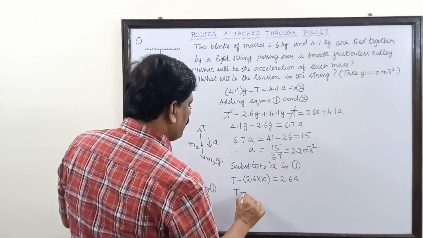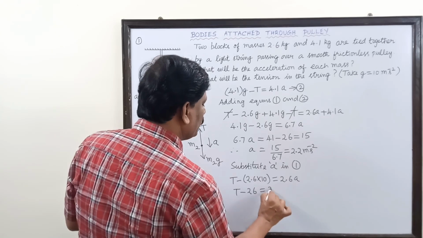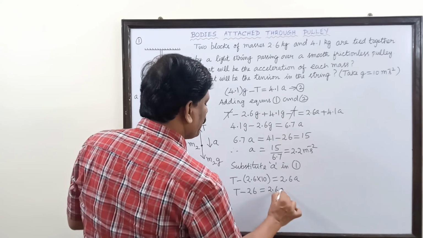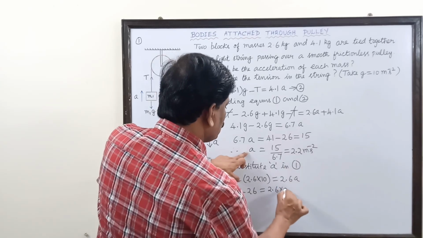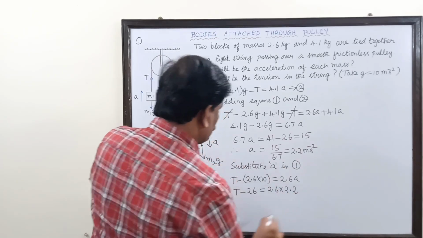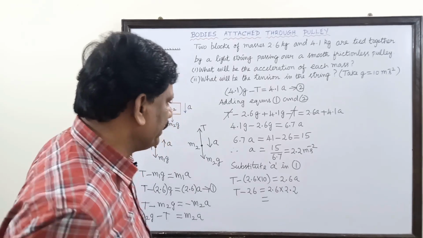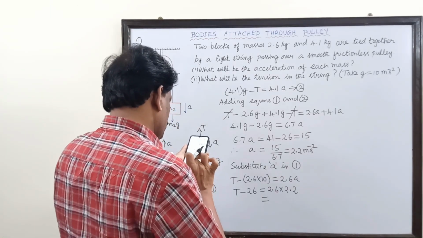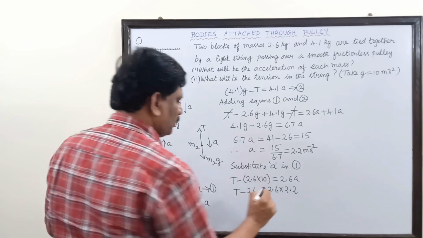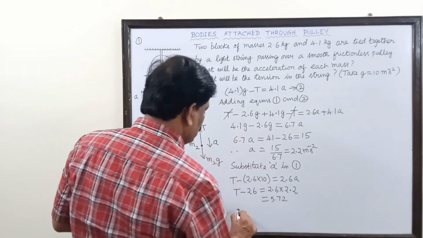So T minus 26 is equal to 2.6 into 2.2, which is equal to 5.72.